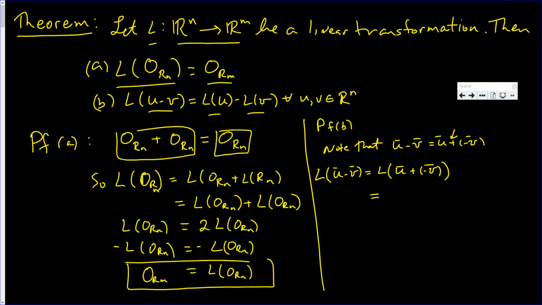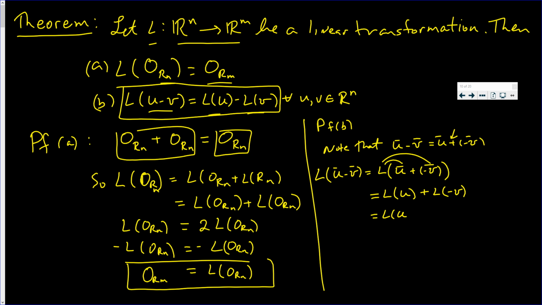Now, by definition of linear transformation, see, we can't use this property yet. Only when you have a plus can you distribute. By definition, this is L of u plus L of negative v. This is L of u plus L of negative 1 times v.